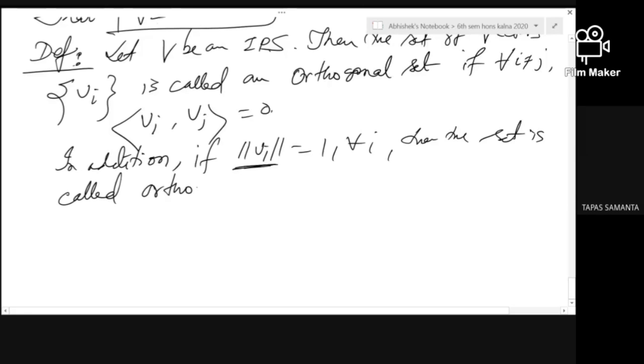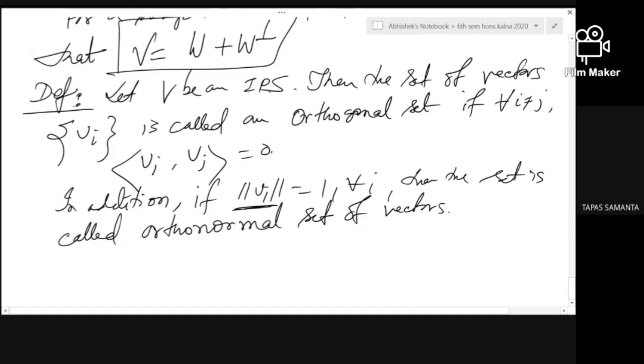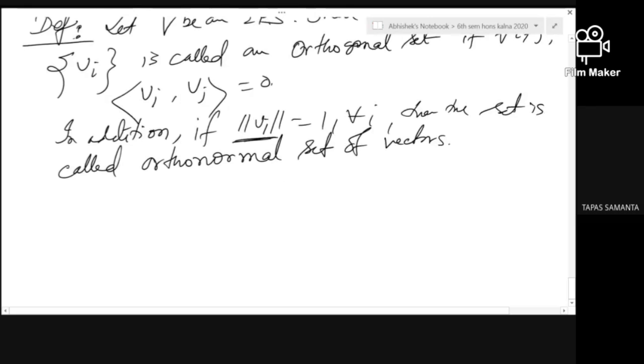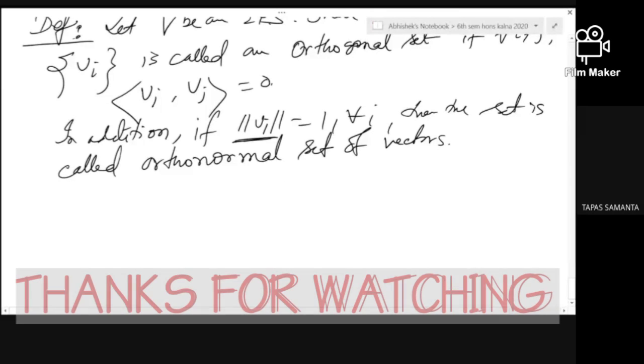That is, an orthonormal set of vectors means any two distinct vectors are orthogonal, that is, their inner product is 0, and each vector is of norm 1. Then this set of vectors is called orthonormal.